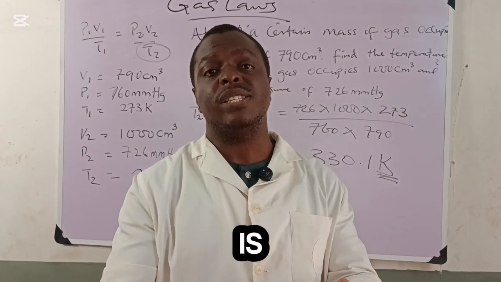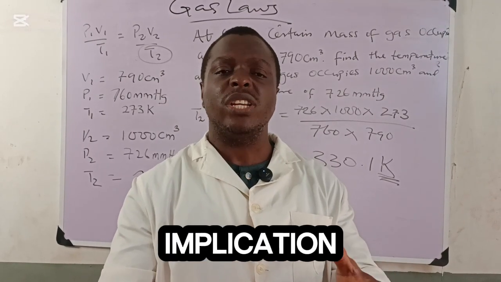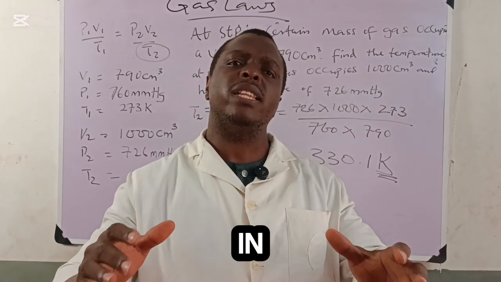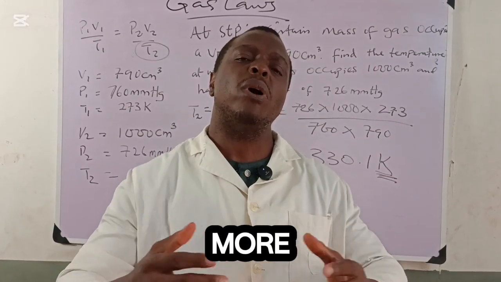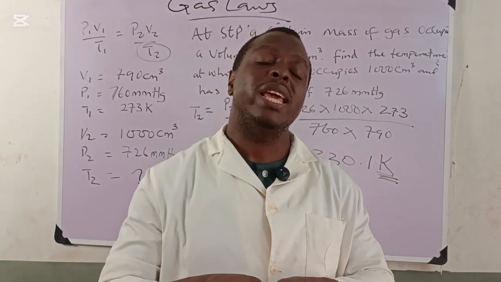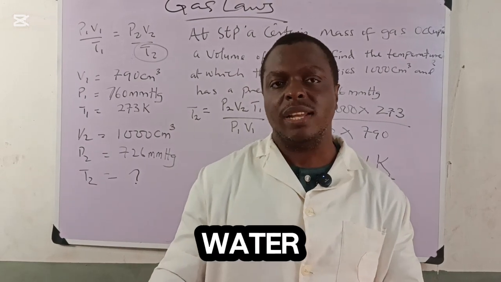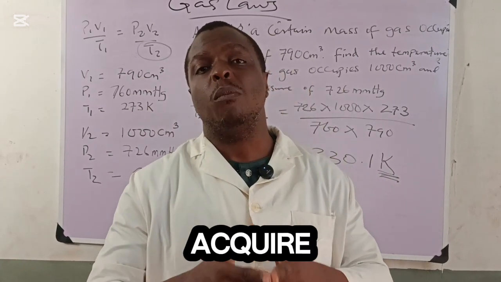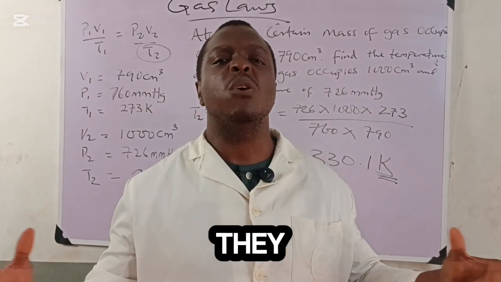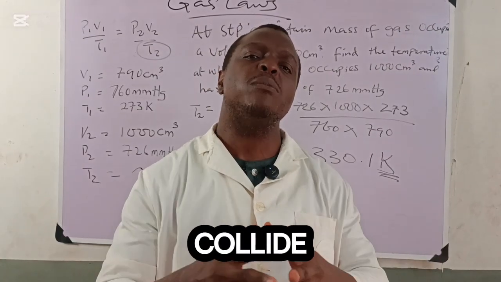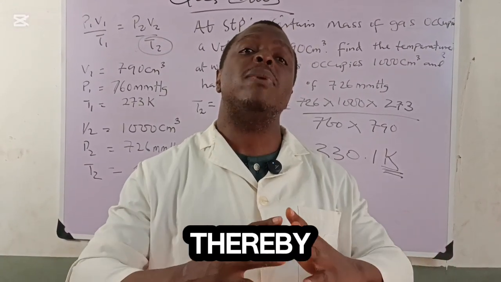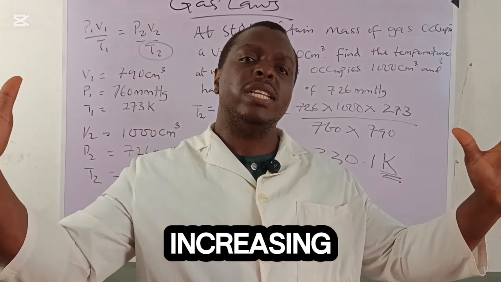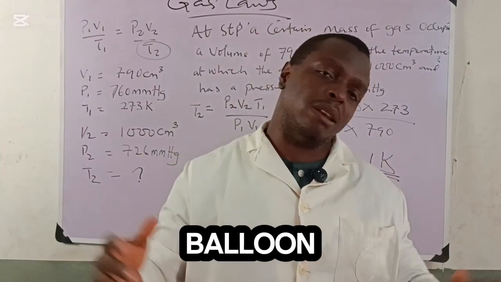If the temperature is increased, the implication is that the gases in the inflated balloon will tend to acquire more energy from the heat coming from the water. And if they acquire more energy, they will tend to do what? Collide more with each other and with the walls of the container, thereby increasing the volume of the balloon.